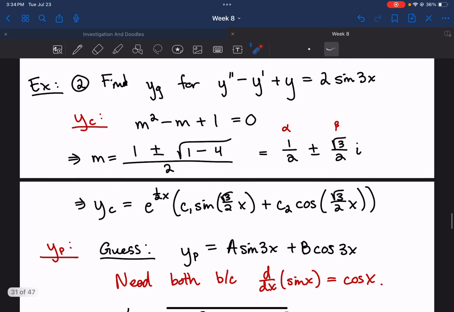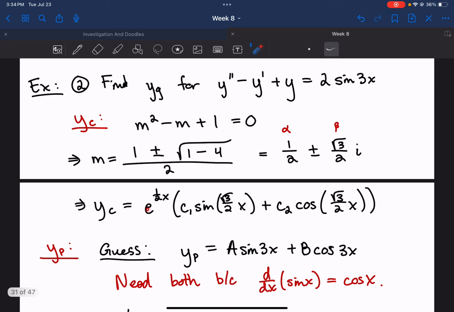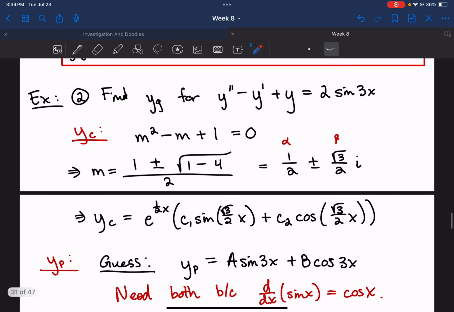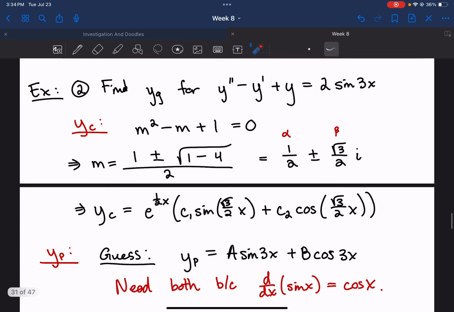My complementary solution is e to the 1/2 x, c1 sine of beta x plus c2 cosine of beta x. And now, if I look over here, this is my g of x, and I'm going to guess something that looks like g of x for my particular solution.